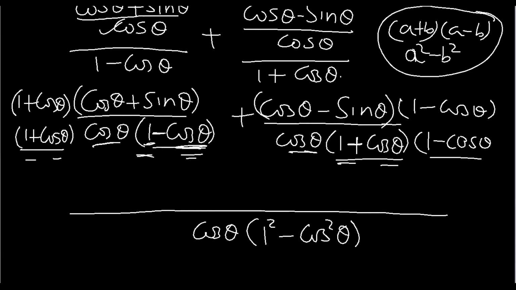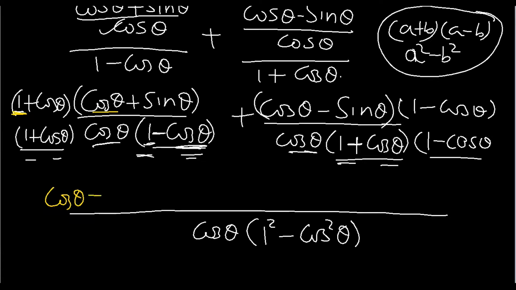All right. So now, let's open the brackets here, and most of them will get cancelled. I'm sure about this. Then only we can get a simplified thing. So 1 multiplies with cos theta. 1, this one with cos theta.